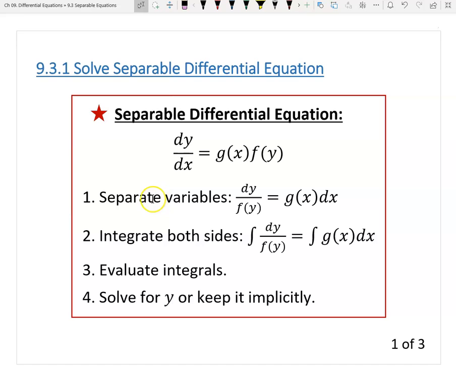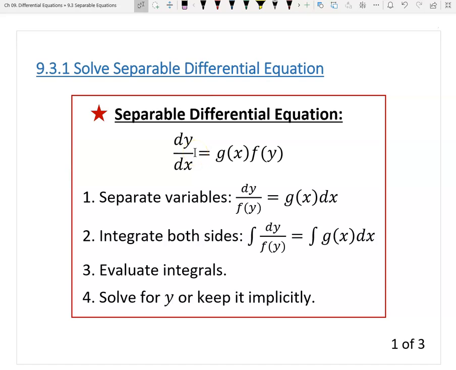The first step is just separate the variables. How to separate the variables? We look at the left. We're going to multiply by dx on both sides. dy/dx is Leibniz notation for the derivative, and we also have a way to see the derivative as just a ratio of differentials: dy, the differential of y, over dx, the differential of x.